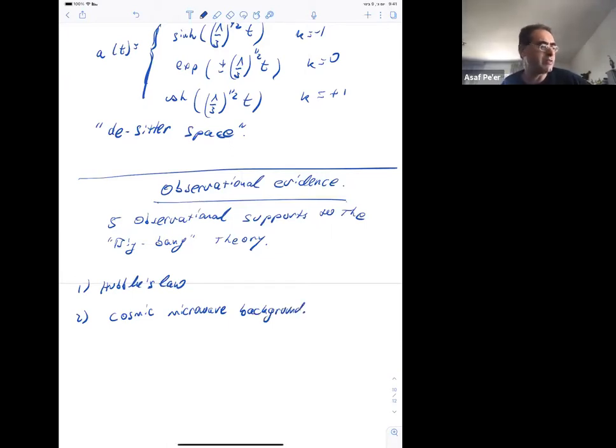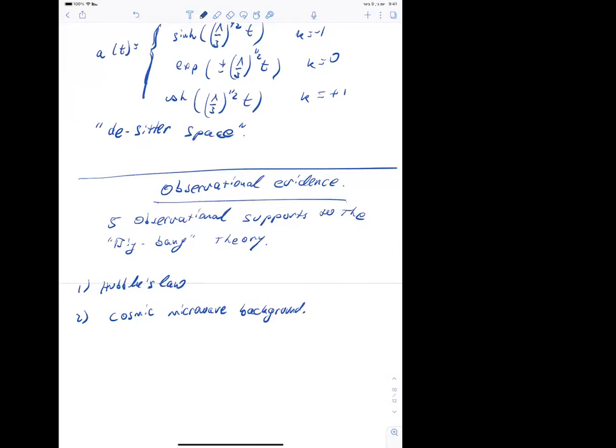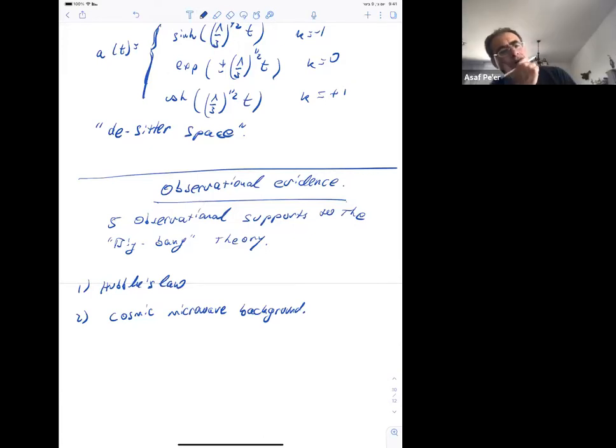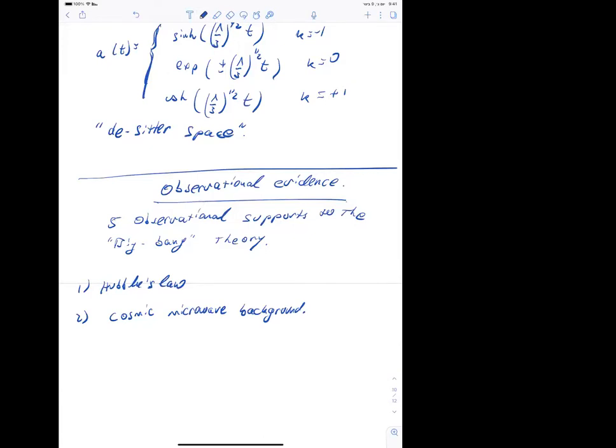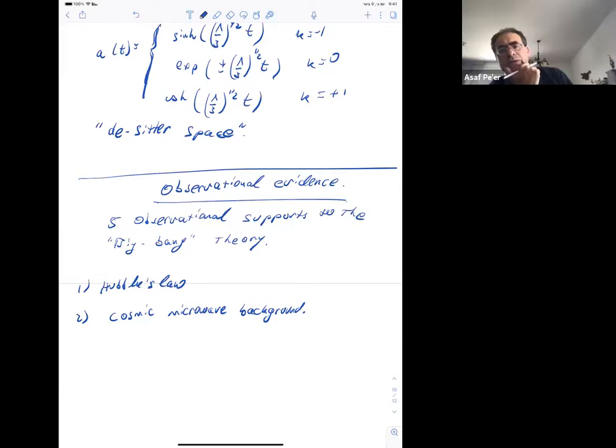What are the other ones? Would the cosmological redshift be considered as part of the CMB? No, CMB is the cosmic microwave background.